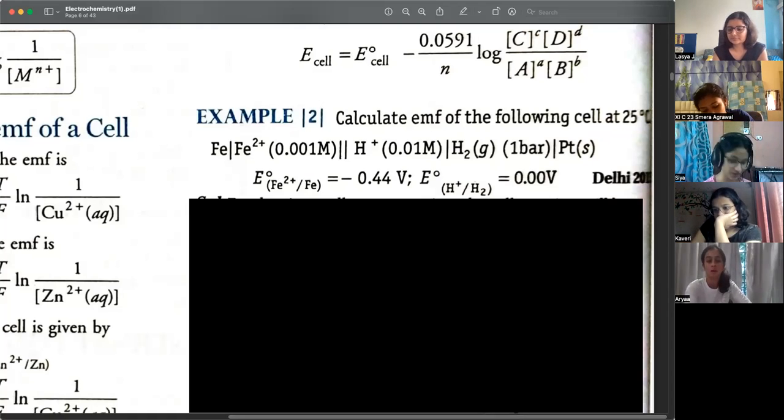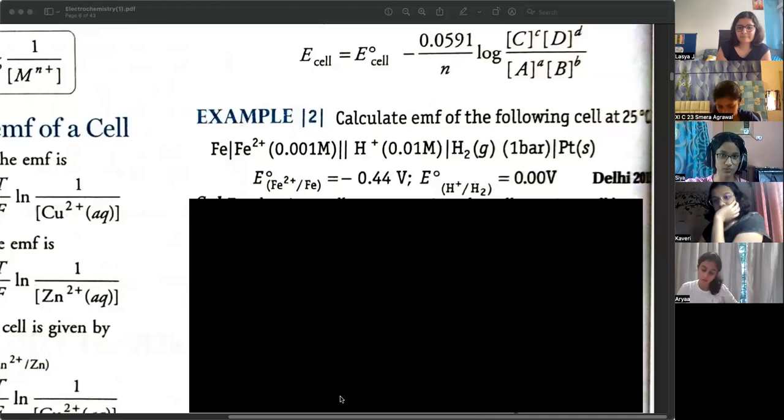Also, products and reactants, what would the products be? Would it be Fe2 plus? Can you build the reaction based on this? So Fe plus 2 electrons gives, no, I don't know what I'm doing.